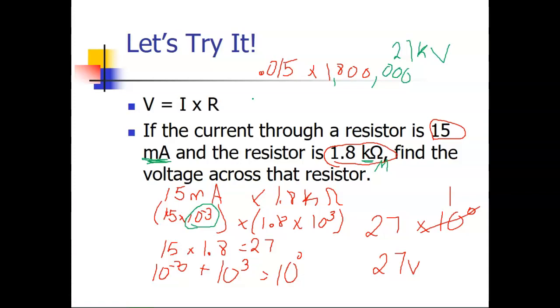The prefix has a meaning. Please do not neglect your prefixes. It will come back and haunt you whenever you're trying to do these problems on a test. Okay? Everybody understand kind of where I'm going with this?